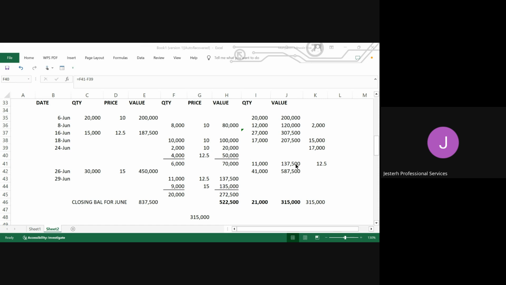In our next class, we'll be dealing with the weighted average, and we'll also look at the economic order quantity, EOQ. Those are the two things we are going to look at so that we are able to finish our accounting for inventory in our next class.